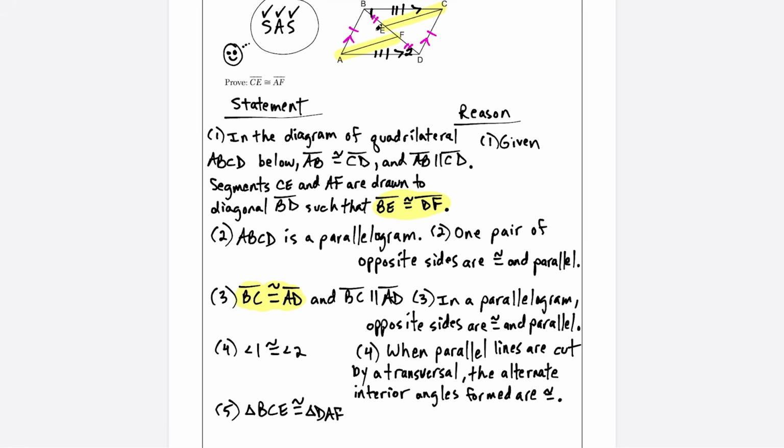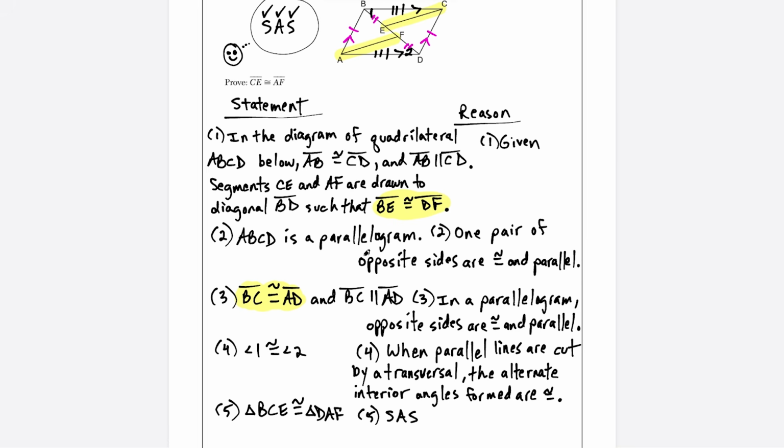And now this I just know works because this angle here at B, the one that we labeled with the 1, matches up with this angle over here that we labeled with number 2 here. So B and D correspond, and we could also say that A and C correspond, and then we could say F and E correspond. So now everything's in the right position. And the reason here is the side angle side postulate, but we could just write SAS.